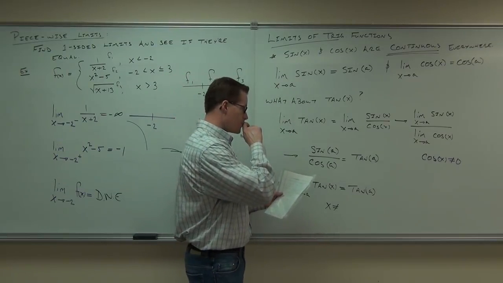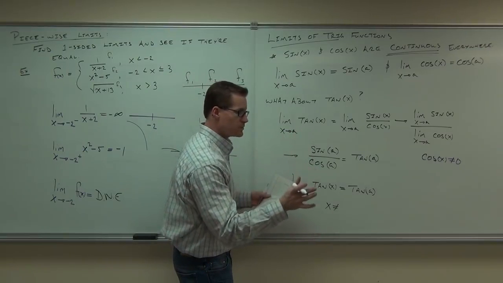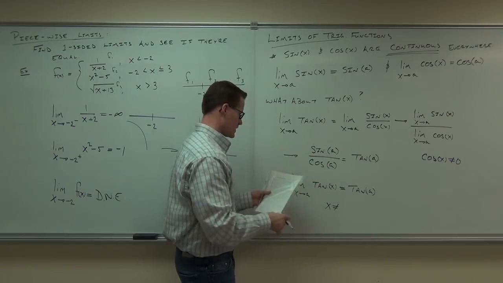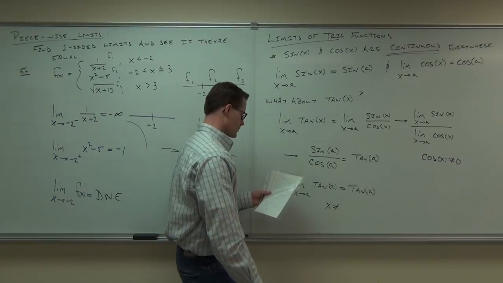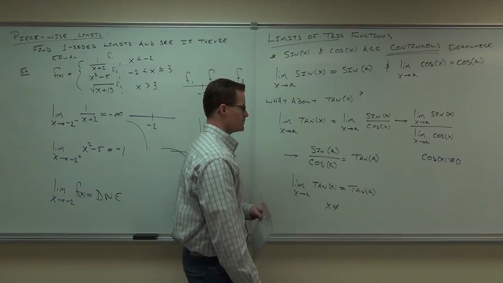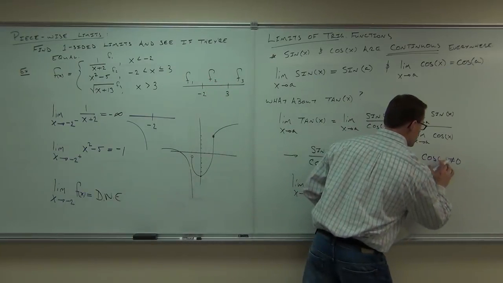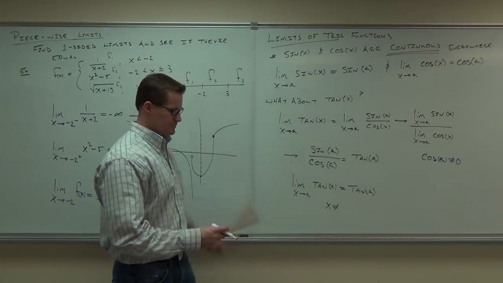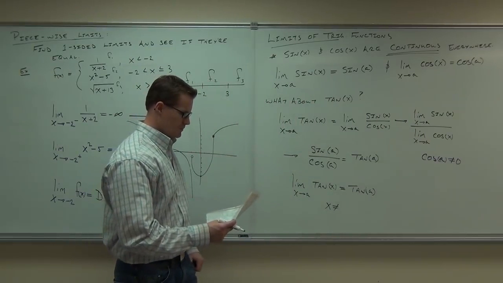Cosine x or cosine a, or both? Either one. Cosine x can't equal 0. At those points, you could say x can't equal these things. Or cosine a, really doesn't matter. Say cosine a. That makes a little bit more sense. Cosine a can't equal 0. If it does, you get a problem.